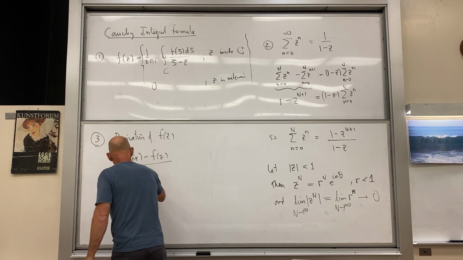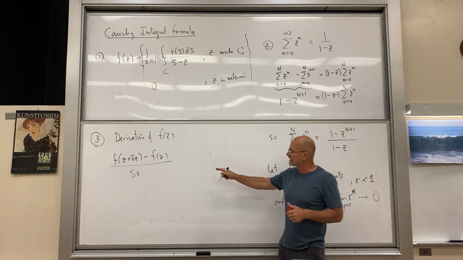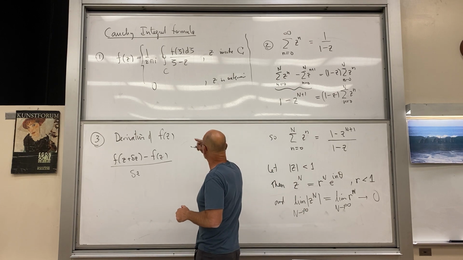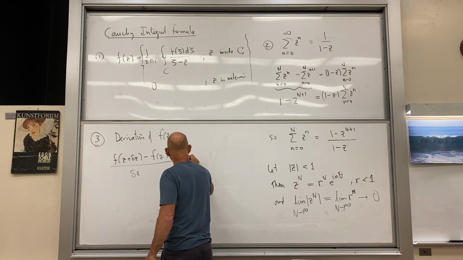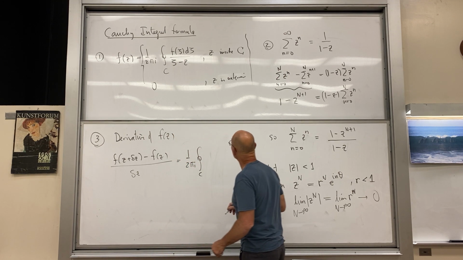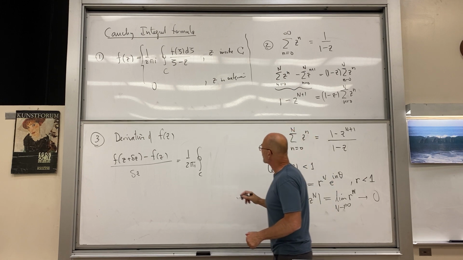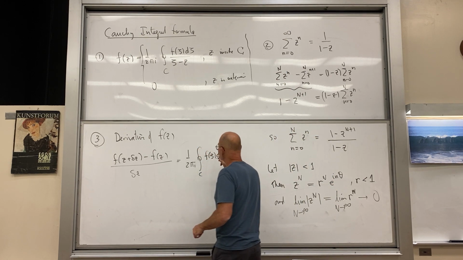When we've gotten far enough with this, we'll take the limit as delta z goes to 0. But right now we're working with that integral, so that's 1 over 2 pi i, whatever our contour is, and we're looking at f of zeta d zeta.